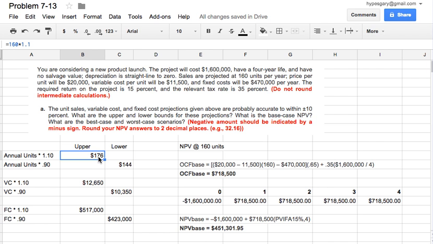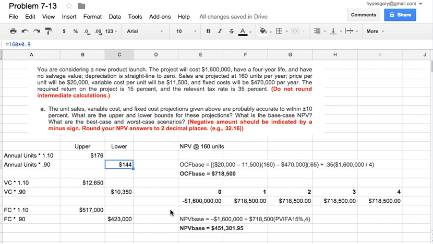I apologize, I did not change the item to reflect non-dollar here. The lower limit, on the other hand, is 160 units times the 90%, or 144 units. I did this same type of calculation for both variable and fixed costs, and I've laid those out here for you.